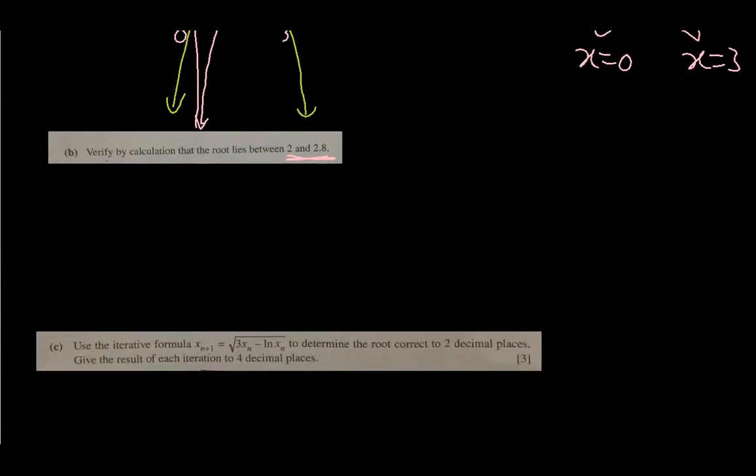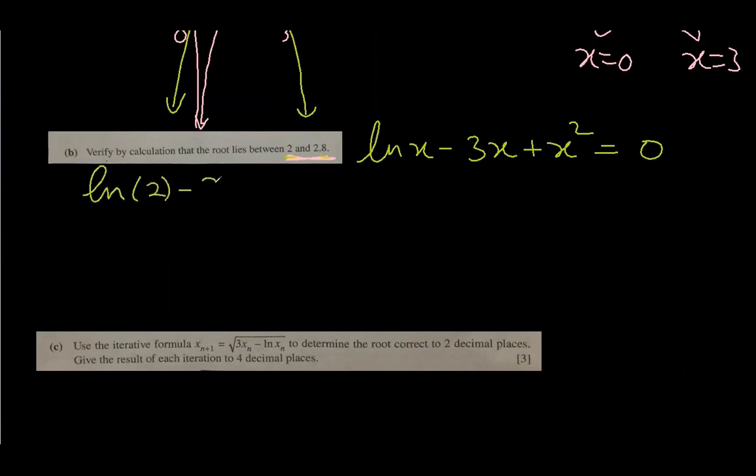Verify with calculations. The root lies between 2 and 2.8. For that, we should rearrange the equation by bringing everything to the left side. Now, root is between 2 and 2.8 we have to show. So first we'll substitute 2 in this and see what is the sign. So in place of x, I'm writing 2. In this case, I'm getting minus 1.3068.